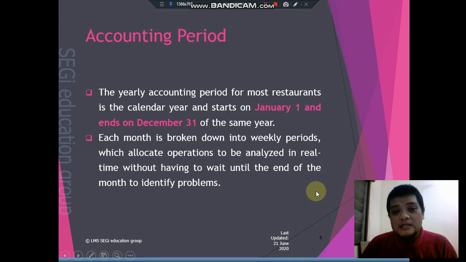This is the most common option used by many food service operators, so that you will start the new year with a new accounting book. I guess this is a more logical method, and it is more appropriate for recording the accounting transactions.